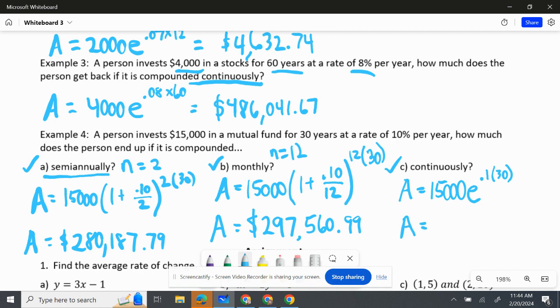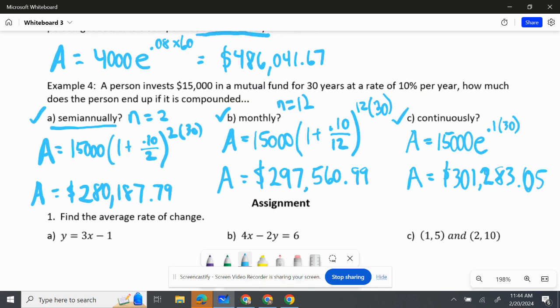And when we calculate that, what we get is $301,283.05. Now, one thing that we notice is that the more times it compounds, the more money that is gained. So we go from 280 to 297 to now 300,000 based on how much it's compounding per year.